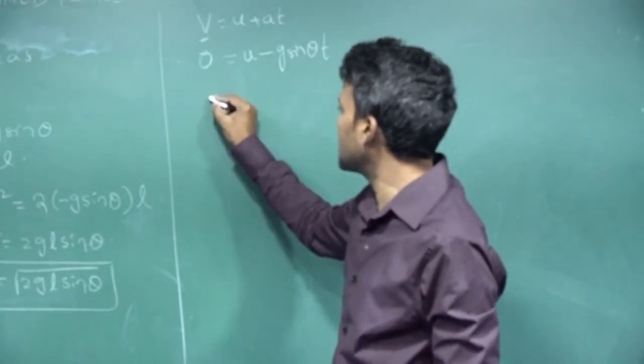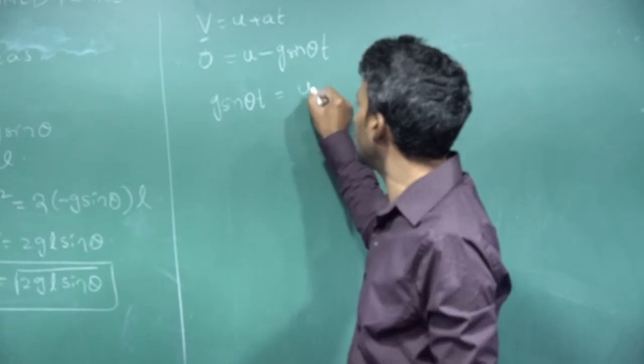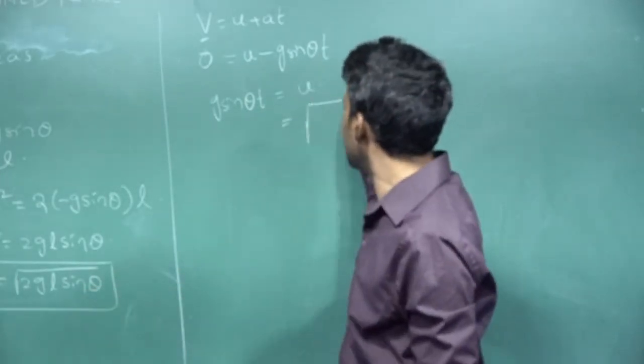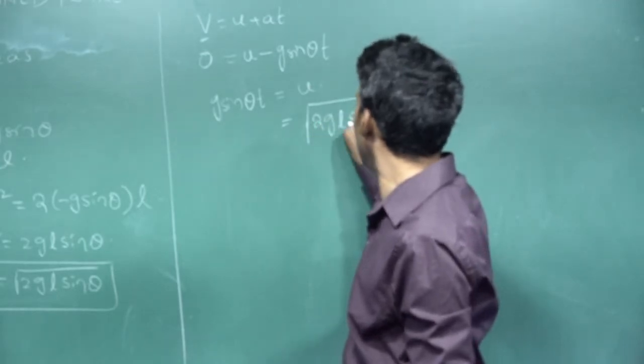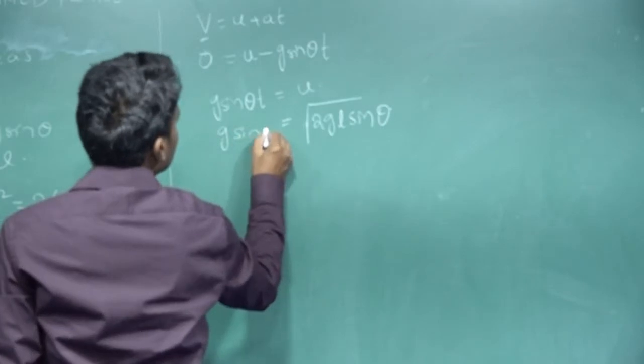Taking this to the other side, g sin theta into t is equal to u. What is the u value? U is equal to under root of 2gl sin theta.